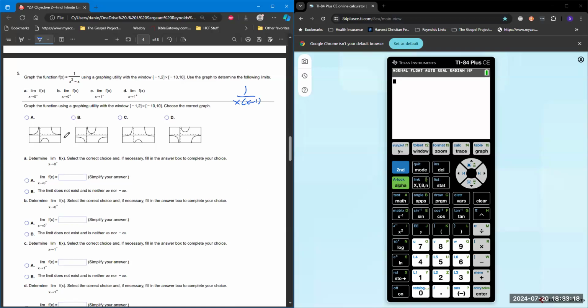I think it's going to be that first one, but let's look in our picture here of 1 divided by x squared minus x. And let's set our window at -1 to 2, and then let's say by ones.